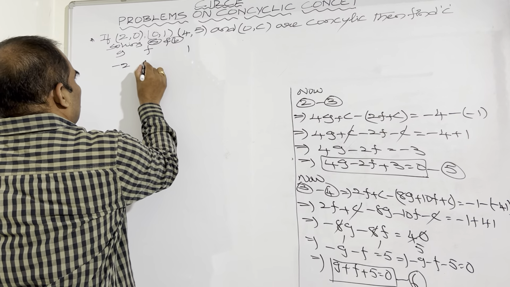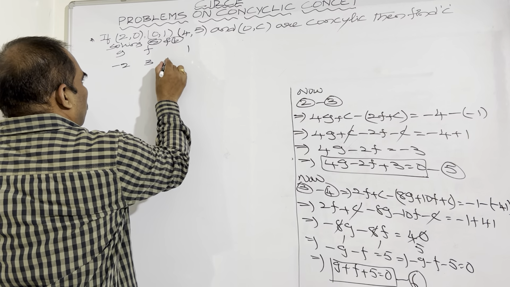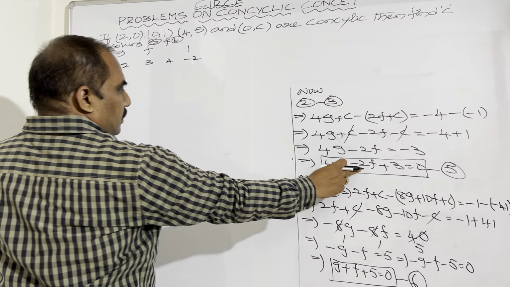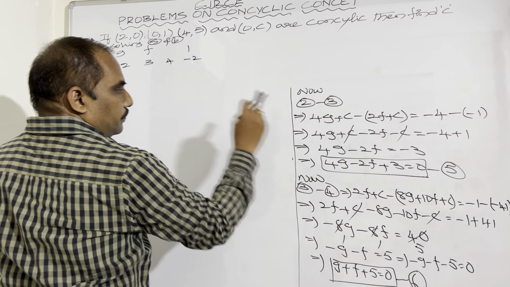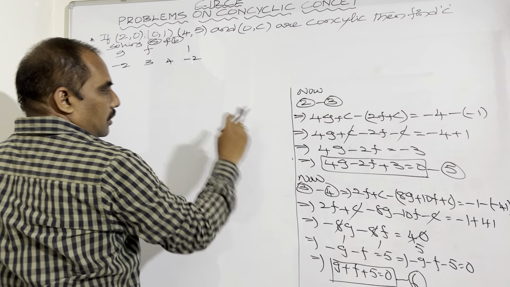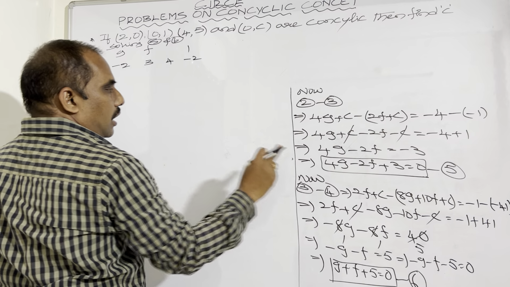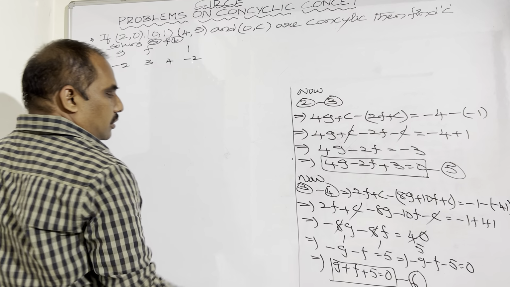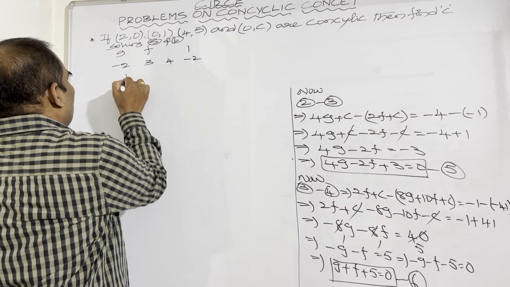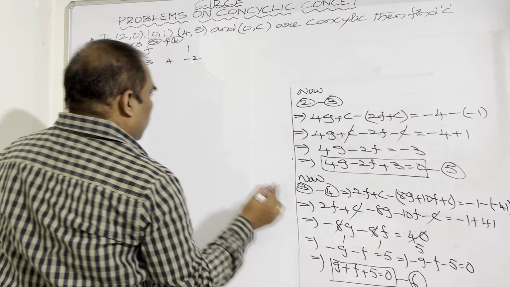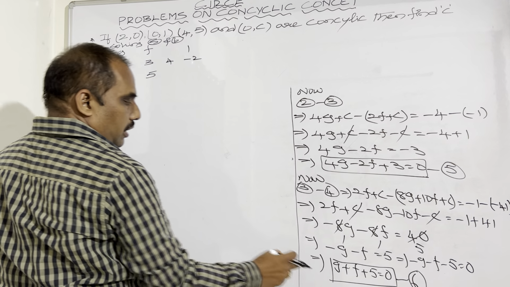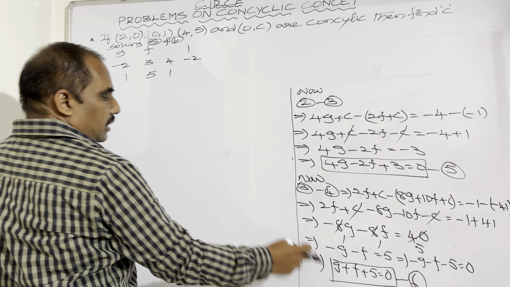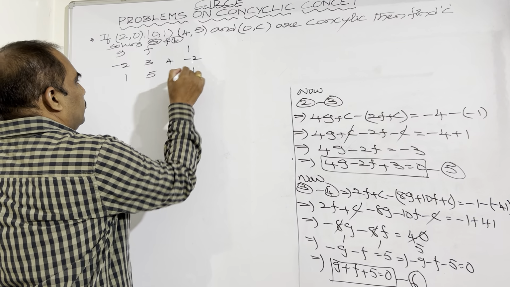By the cross multiplication method: minus 2, 3 and here 4, and again minus 2. This is the middle, minus 2, right 3, left 4, again middle, that is minus 2. Similarly, here also the middle is 1, the coefficient of f, the constant is 5, again the coefficient of g is 1, and again the middle coefficient of f is 1.